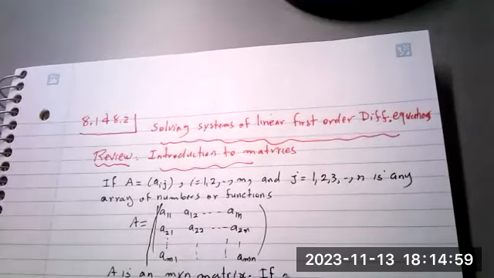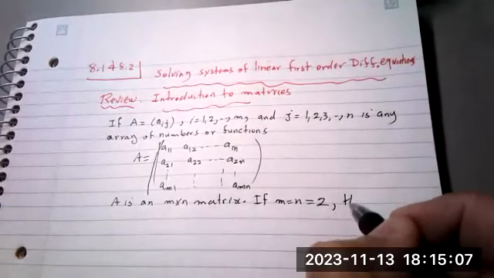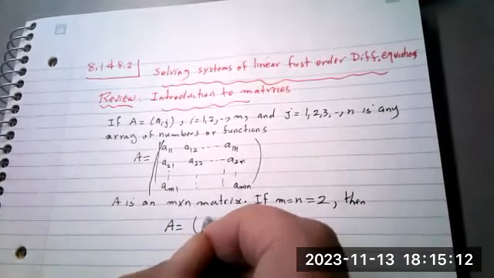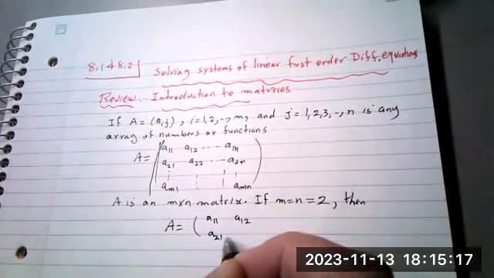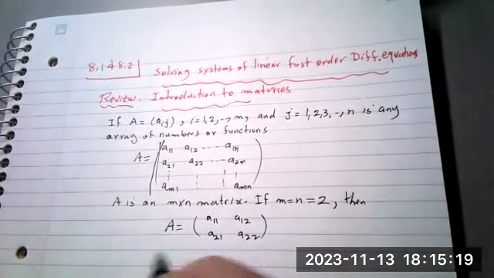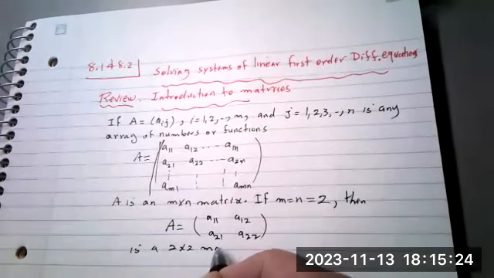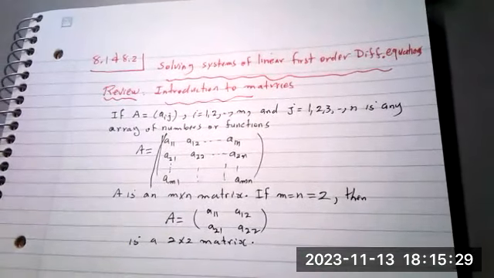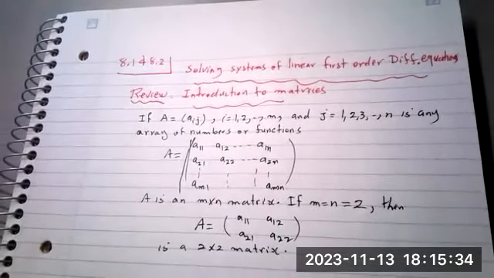If m is equal to n and is equal to 2, I go to the 2 by 2 right away. In this chapter, we are going to have the matrix A11, A12, A21, A22. This is a 2 by 2 matrix. We don't need any higher dimension or size.